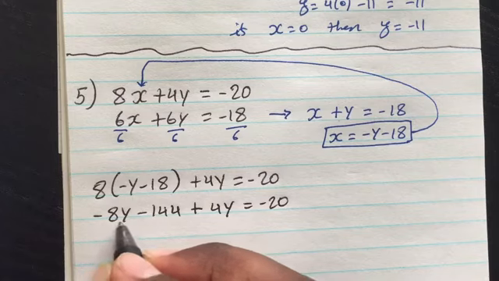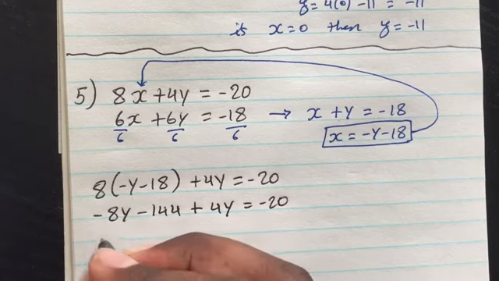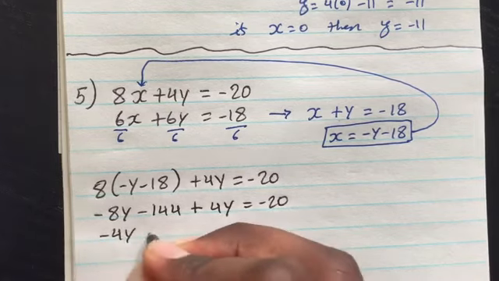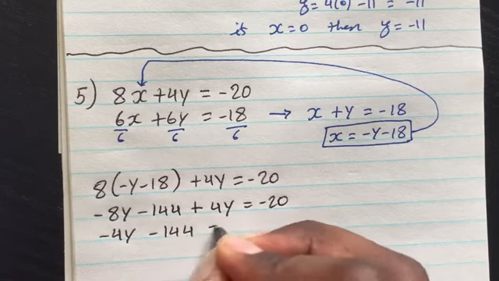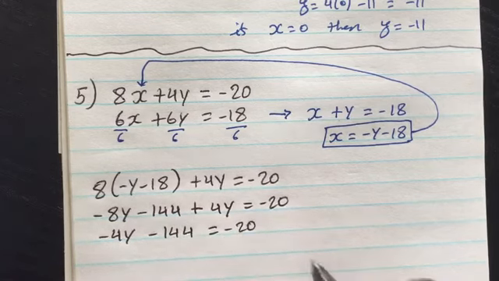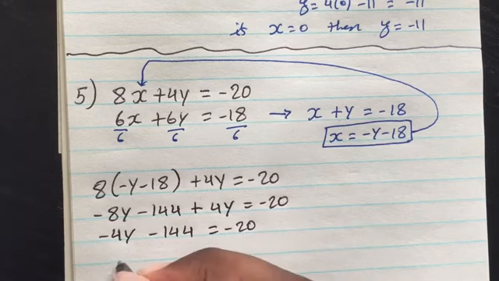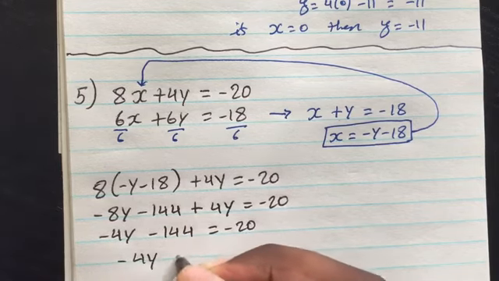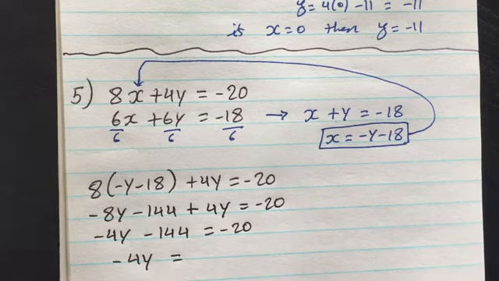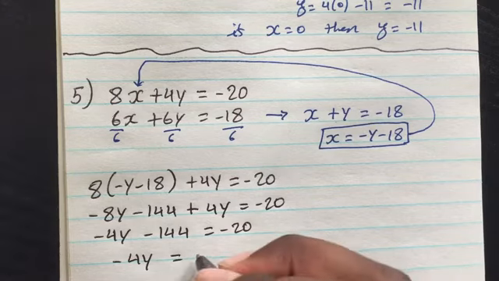Combine the like terms: negative 8y plus 4y makes negative 4y minus 144 equals negative 20. Plus 144 to both sides. You get negative 4y equals negative 20 plus 144, which is 124, positive.